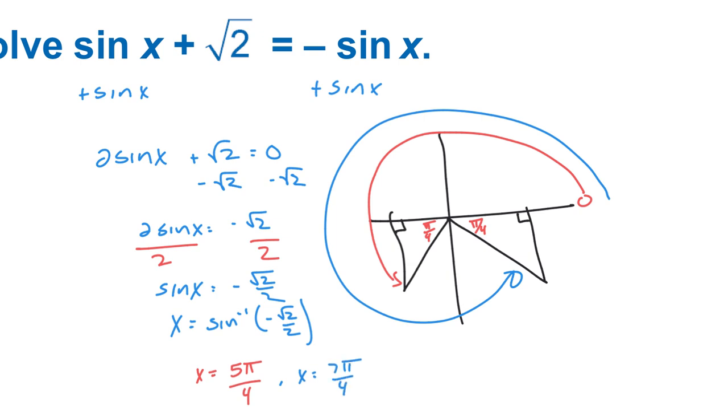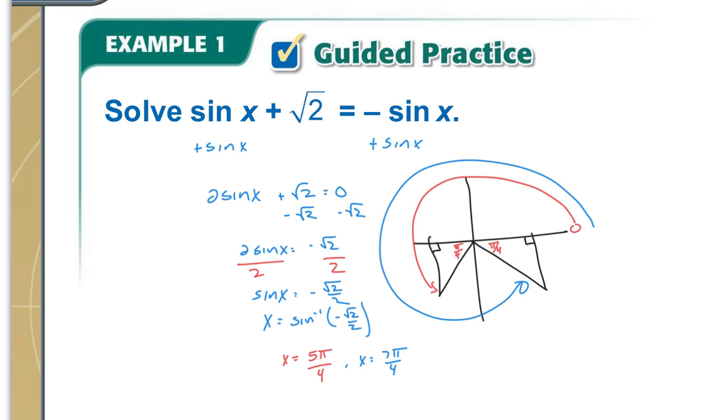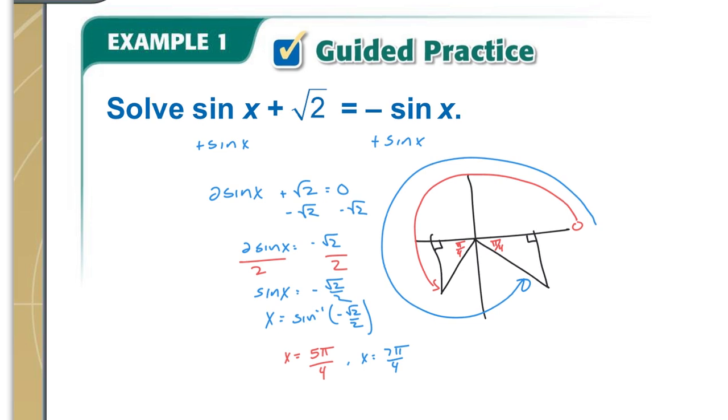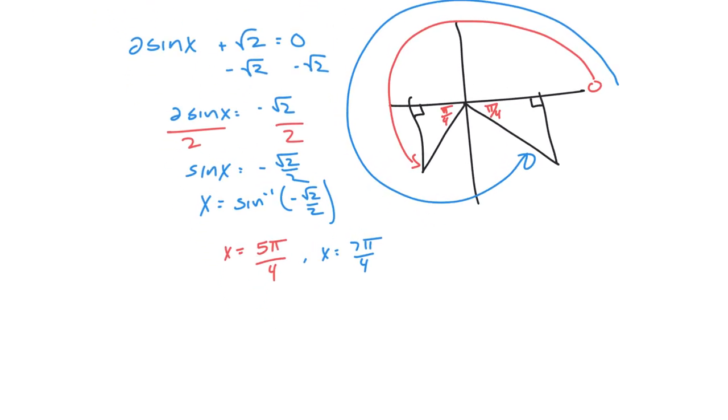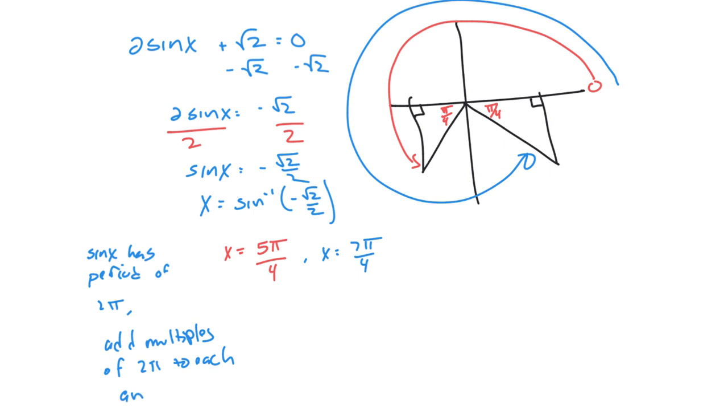Now, this equation, if we look back, did not give us any restrictions on solutions. It didn't say just from 0 to 2 pi, so that means we have to consider all possible solutions. Since sine has a period of 2 pi, what we have to do is add multiples of 2 pi to each answer.